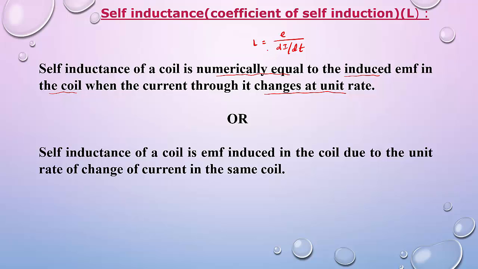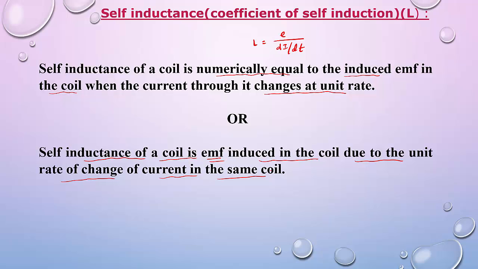Self-inductance of a coil is numerically equal to the induced EMF in the coil, that is E, when current through the coil changes at unit rate. Or we can also define it as: self-inductance of a coil is the EMF induced in the coil due to the unit rate of change of current in the same coil.